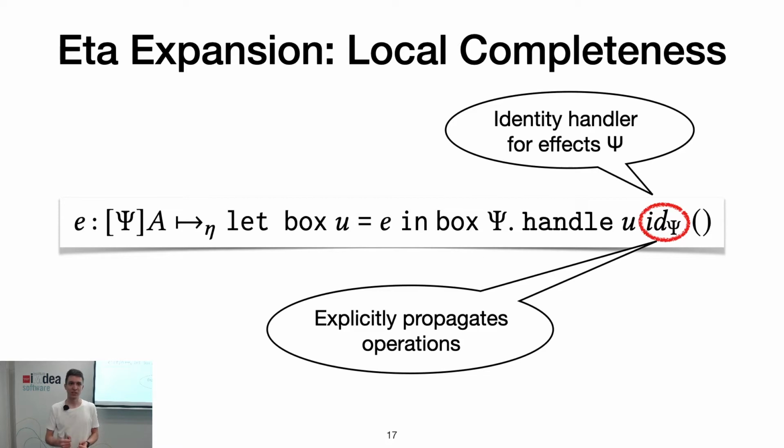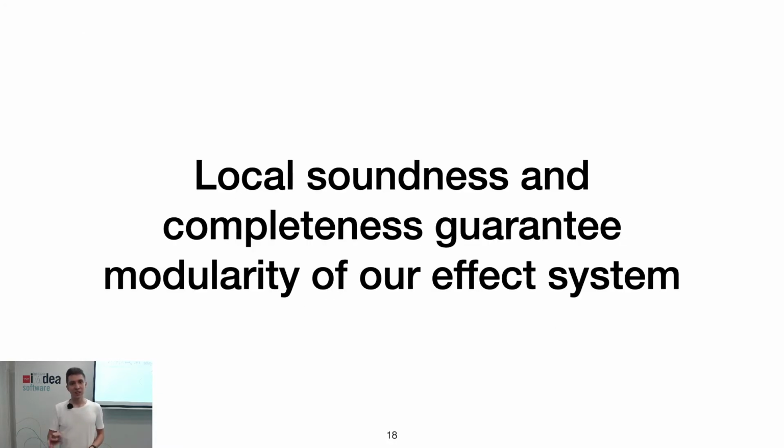We must explicitly say how operations from the inside theory map to the outside. And that's where identity handlers come into play. Together, those two properties of local completeness and local soundness ensure that our design for our type of effect is modular, and it is independent of other language features.